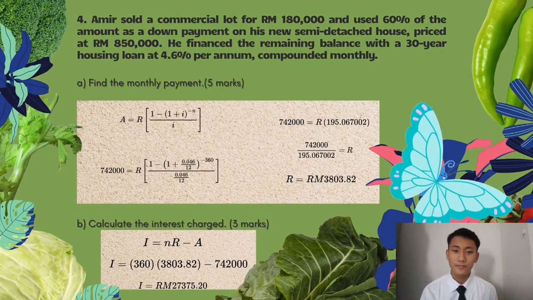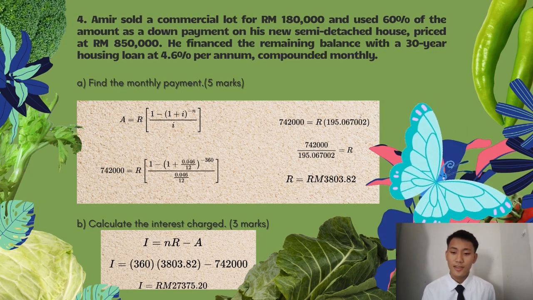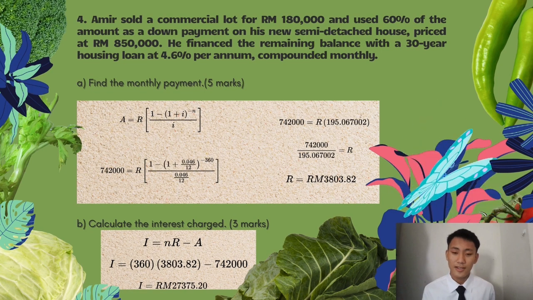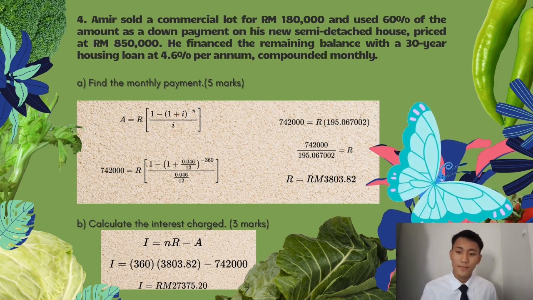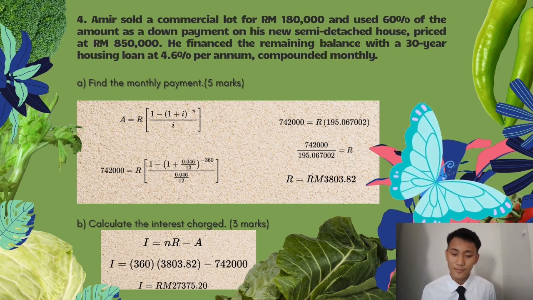Question number 4. A. Find the monthly payment. A equal to 850,000 minus 180,000 equal to 740,000.